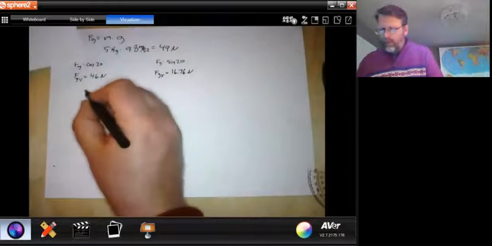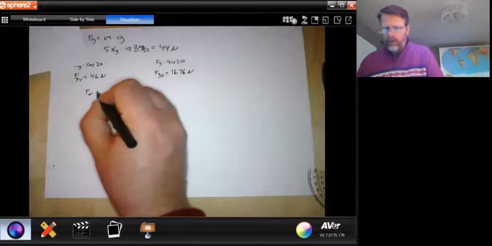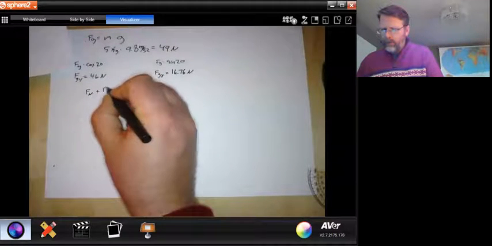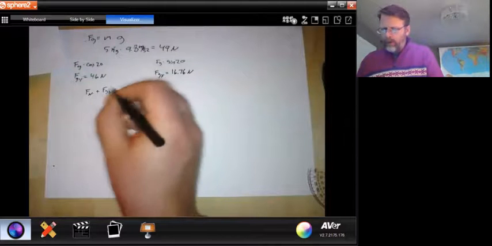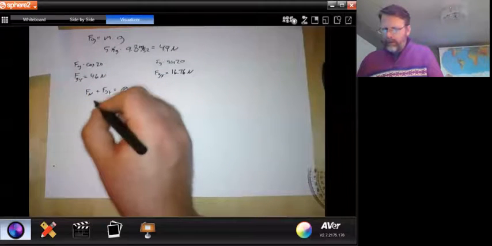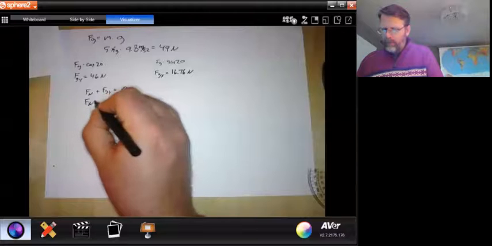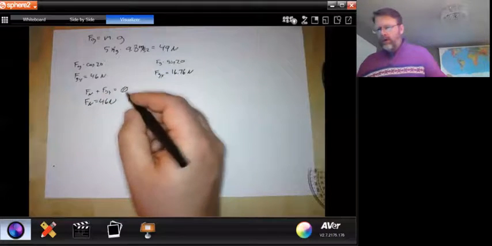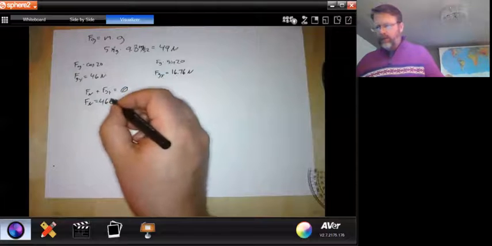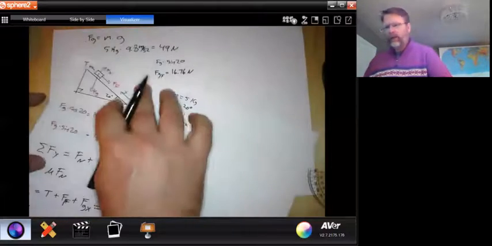Our force normal, which we don't know, is going to be our force of gravity in the y equals 0. So if this is 46, that's 46. Again, you can keep track of your positives and your negatives. I just like to keep track of it on my drawing.